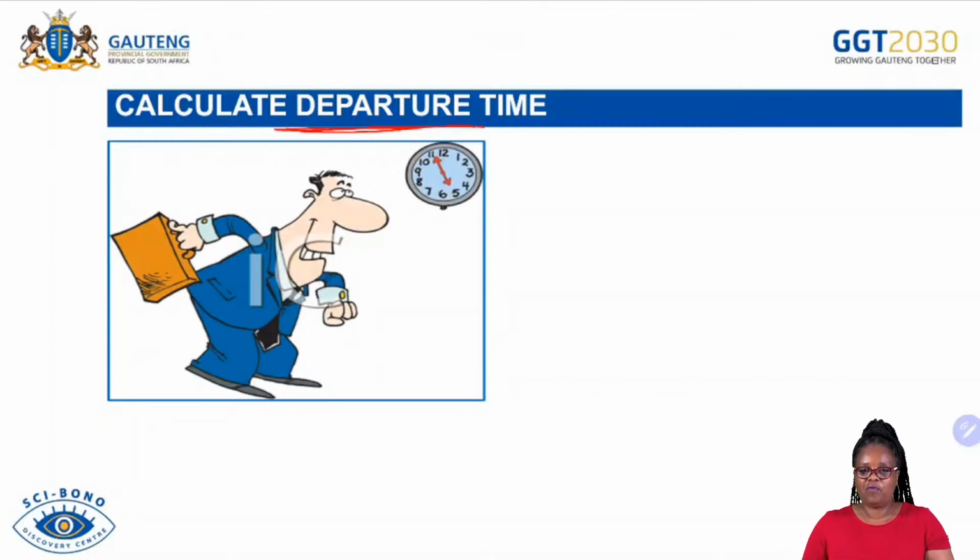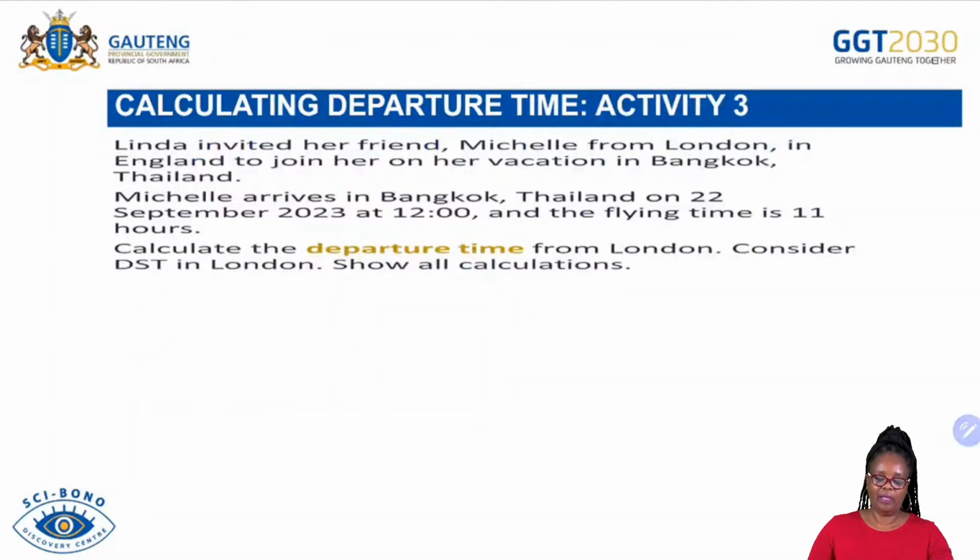Then from your answer, you just minus the flying time. There you go. There is nothing difficult about time zones as long as you start with the basic calculation. So let's look at the examples here. Let's put this together again to determine if you understand the departure time.